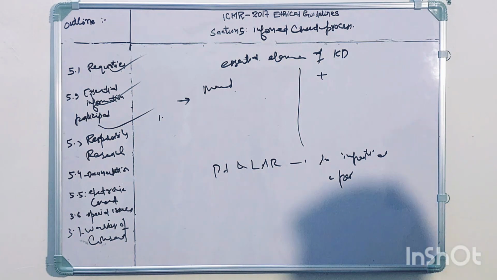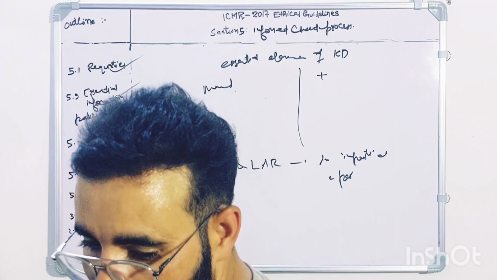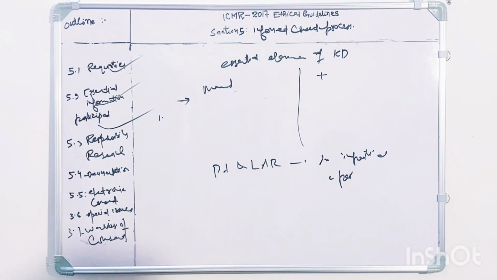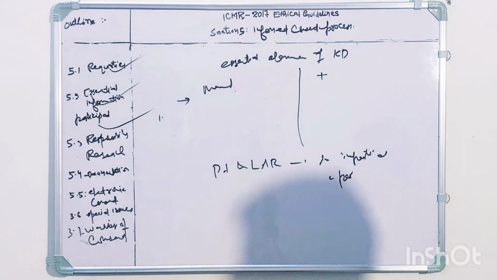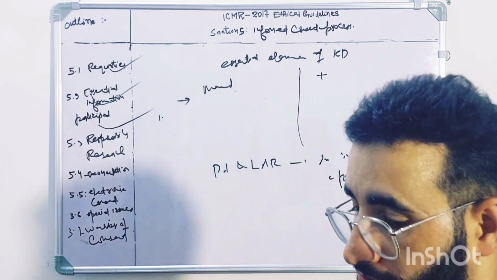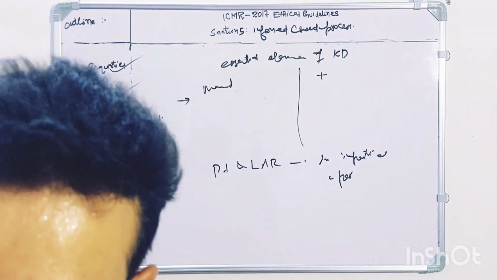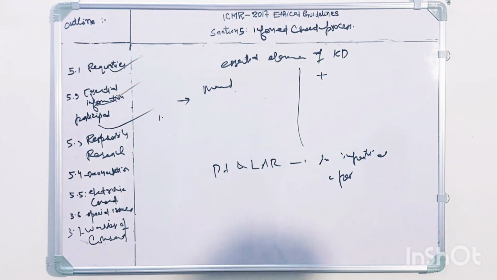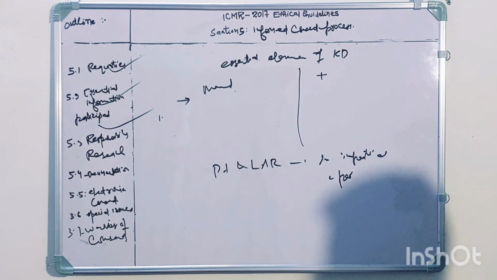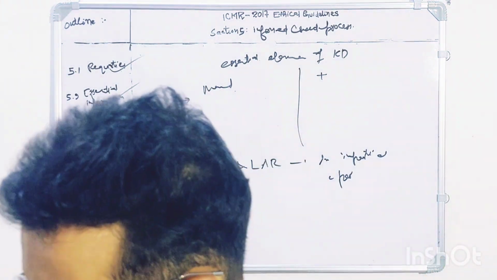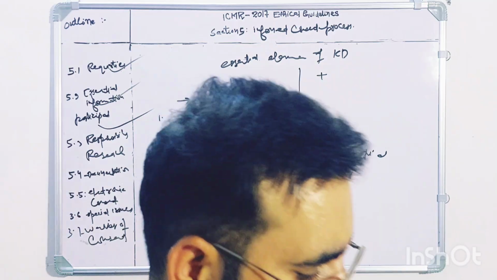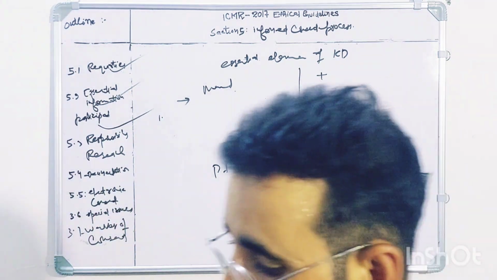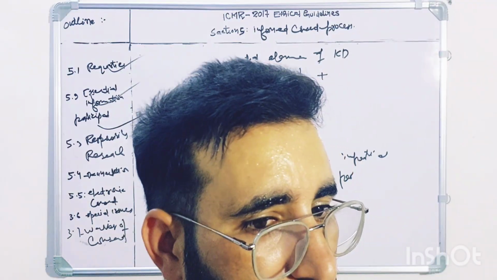First, when the participant is illiterate or not capable of understanding the research, and his or her LAR, legal authorized representative, is also not able to understand the research, then we can take an impartial person who does not belong to the participant and has no connection in any means to the research. Then we can take the consent from the participant in his presence. So we can take this person as a witness.